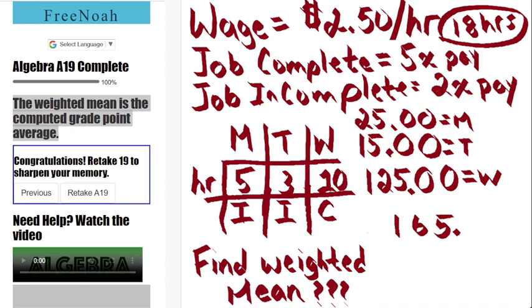All right. Now the weighted mean would be when we take 165 over 18. That'll be the weighted mean here. So let's see how many times does 18 go into 165.